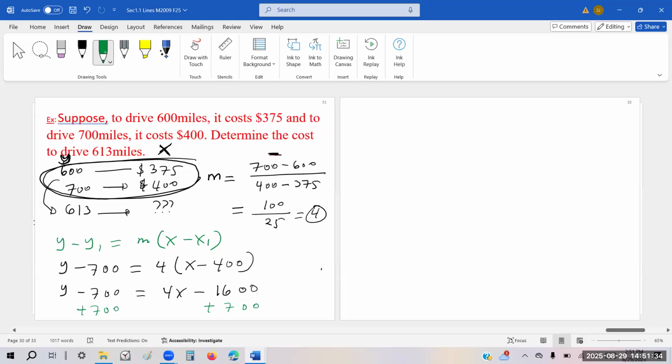That tells us y equals 4x minus 900. So here our X is the money and Y is the miles.